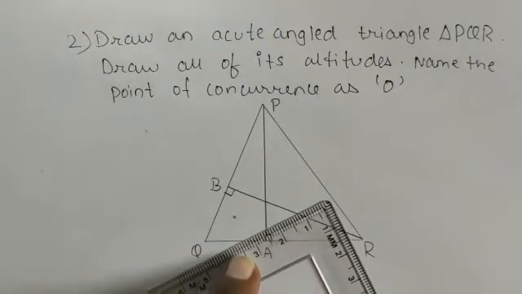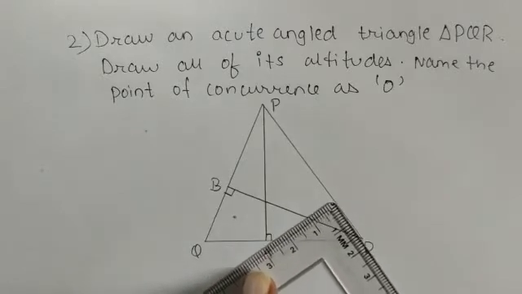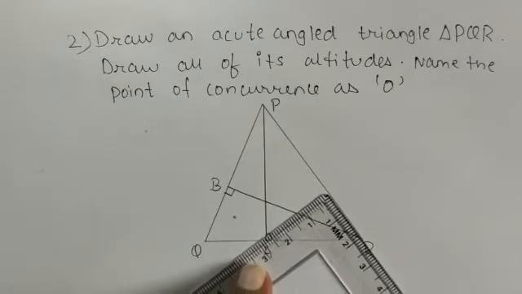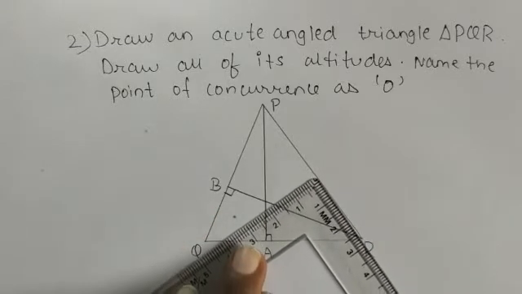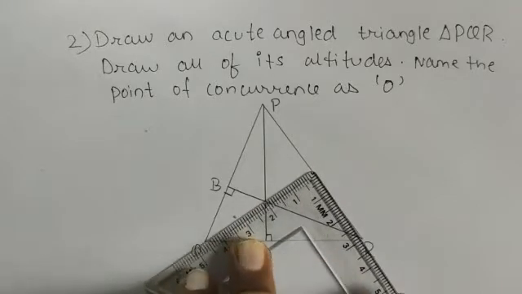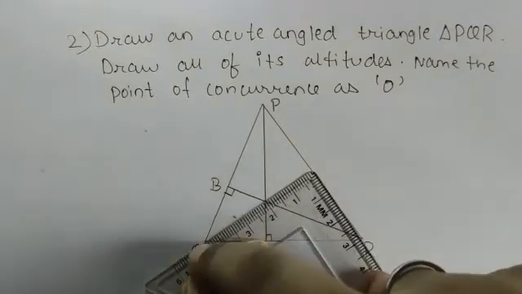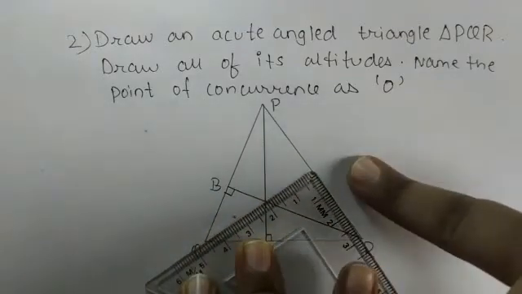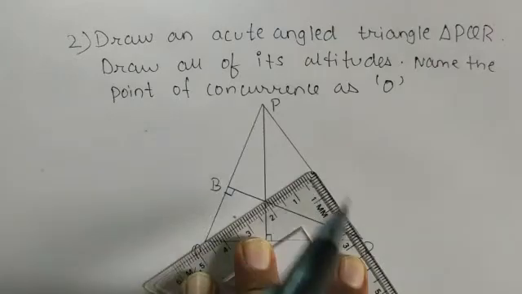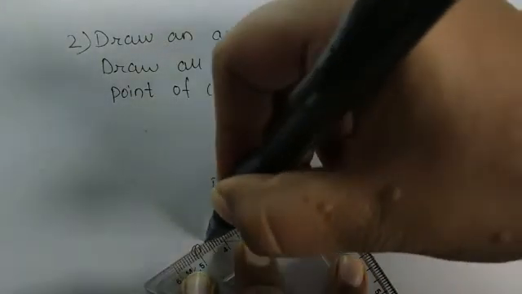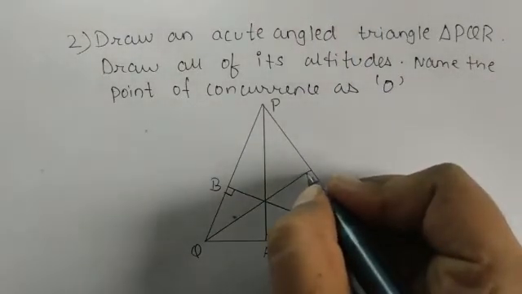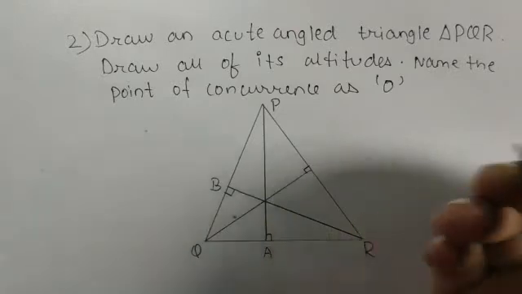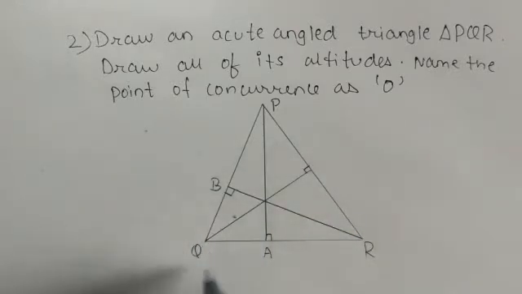So for that we will keep the set square in this position and now we will adjust it until it reaches vertex Q. So we will adjust it this way and now it has reached vertex Q. So from vertex Q we will draw a perpendicular to its opposite side PR. So this is an altitude drawn from vertex Q to its opposite side PR.